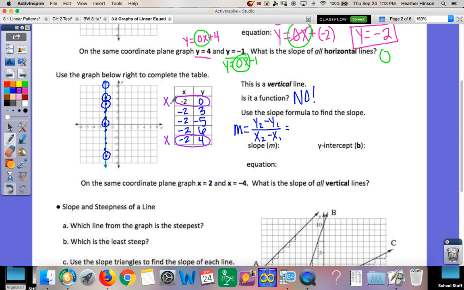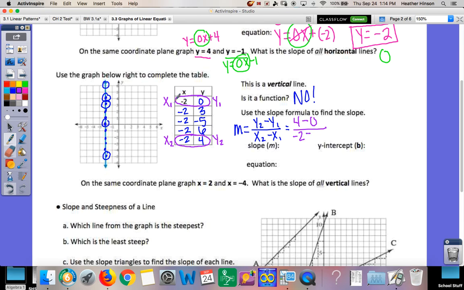The first one is x1, the second one is x2. The y column, the right one, that's y. The first one is y1, the second one is y2. And then we just plug it into the formula. y2 is 4. y1 is 0, so minus 0. On the bottom, x2 is -2.